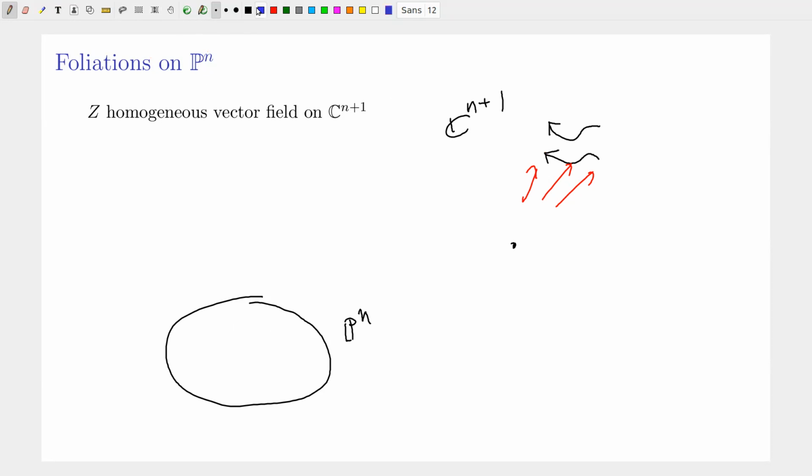And so when I take the quotient, I will induce some foliation on Pn. There will be some lines that pass through the origin that will be some orbits of this homogeneous vector field, and this will project onto singular points of my foliation. Okay. So this is how a foliation on Pn can be described also in this way.